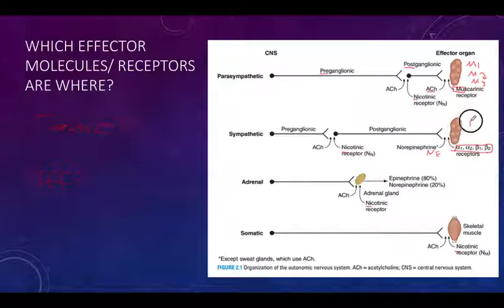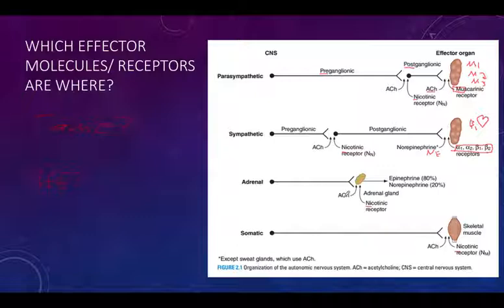So for instance, beta 1 is in the heart. If there's sympathetic activity, there's going to be norepinephrine binding to beta 1 receptors in the heart. And when the beta 1 receptor is bound by an agonist, it's going to increase contractility, increase heart rate, and get your blood pumping for the situation.